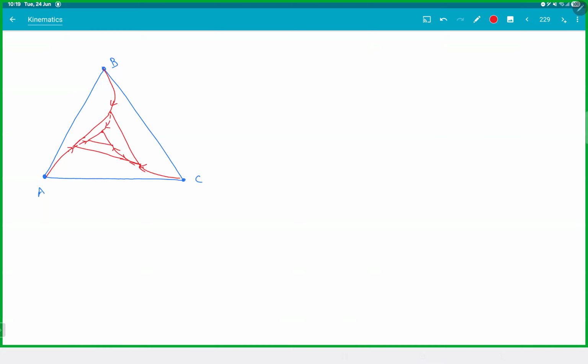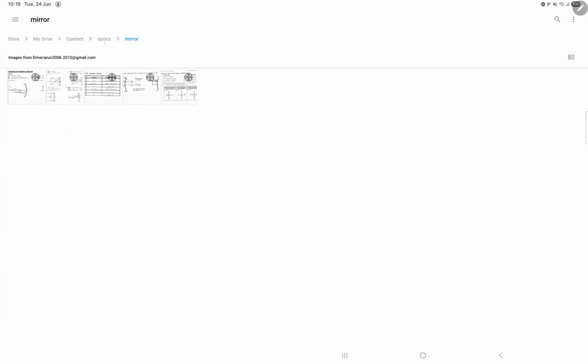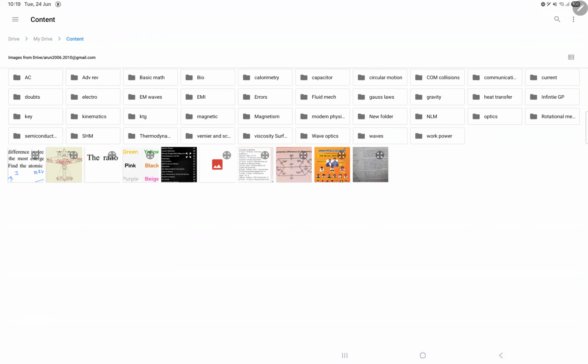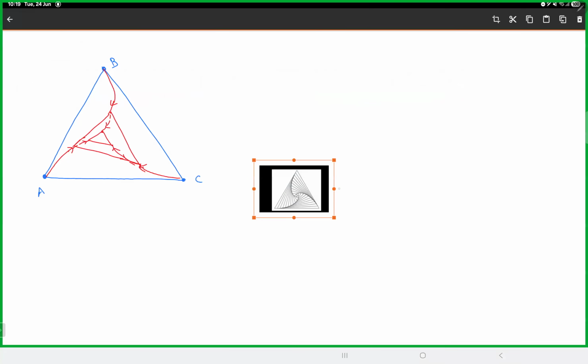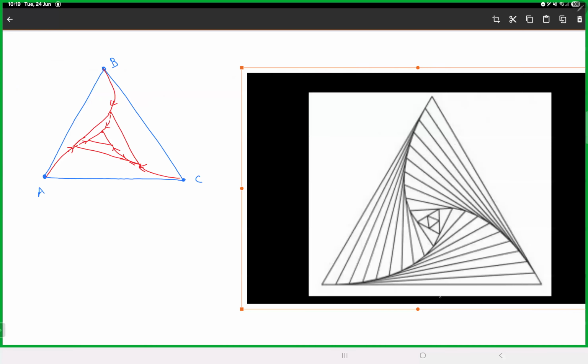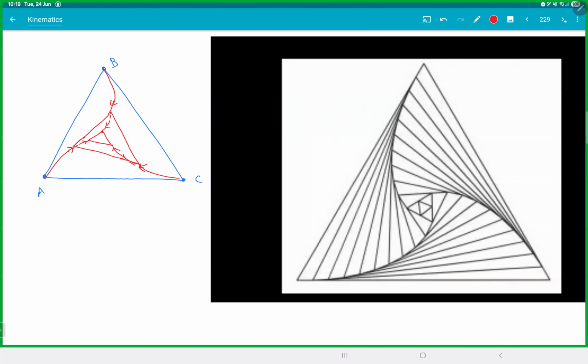So let me show you a good picture. There, this is how they will look. So A is going like this, B is going like this. I think I'll draw on it.